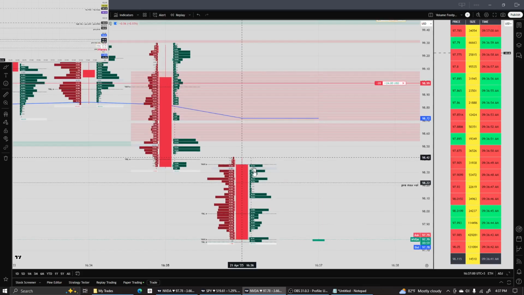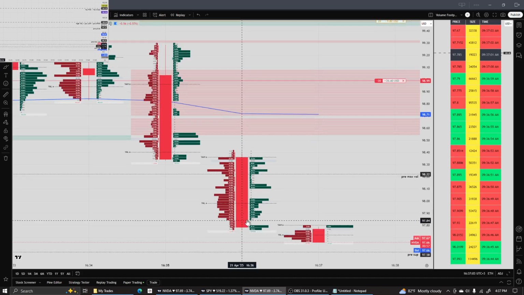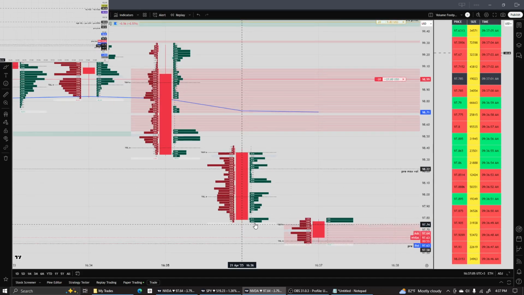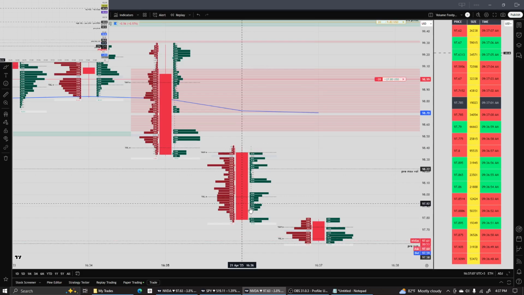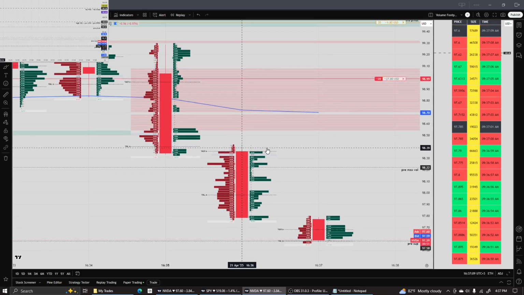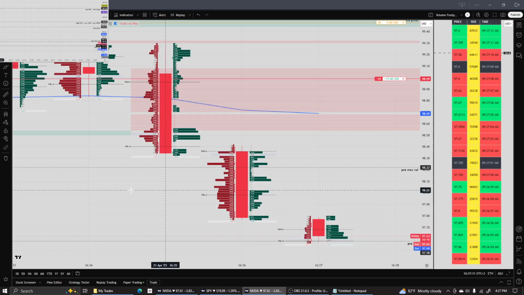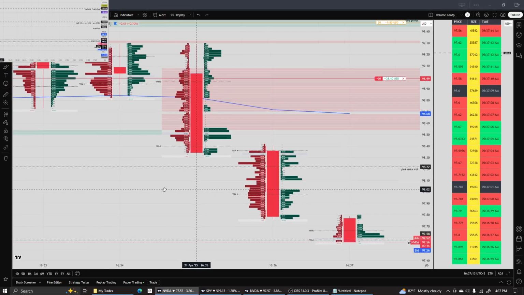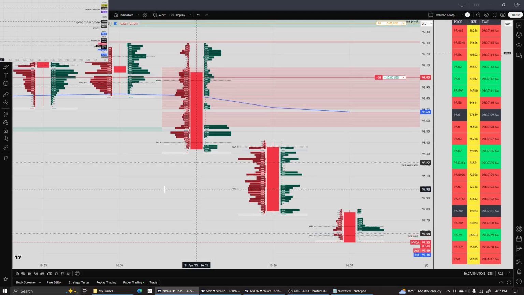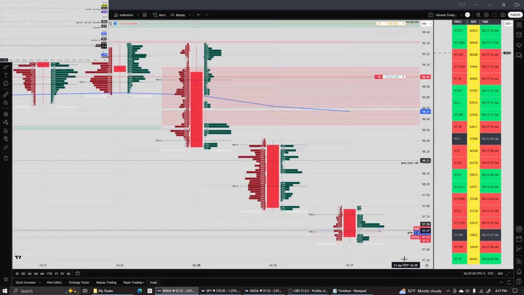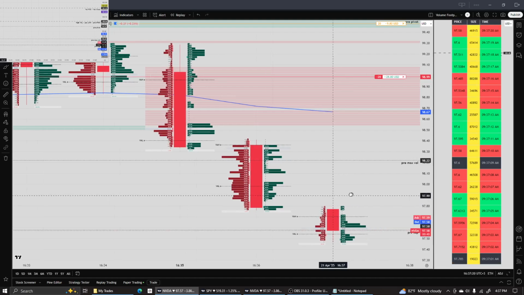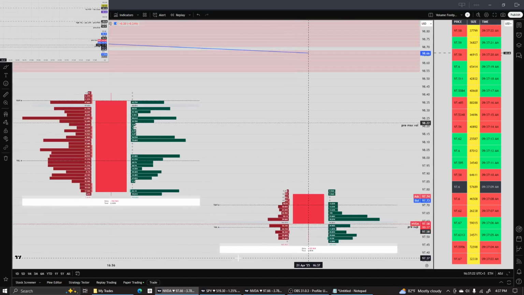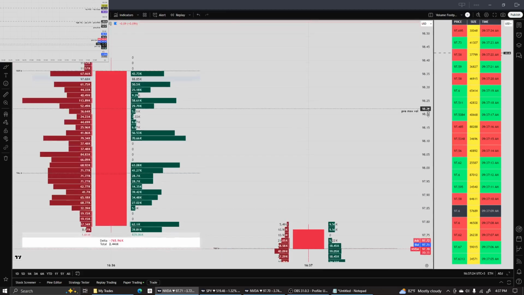No buyers in this candle, which is bad news for the buyers. I think I need to watch the pre-market support.